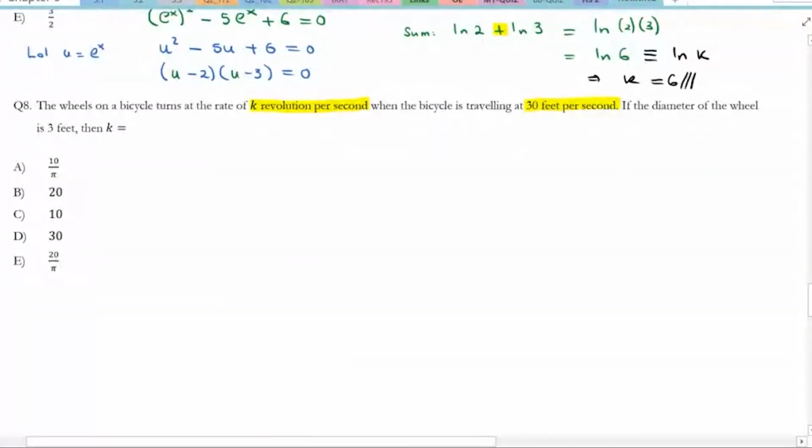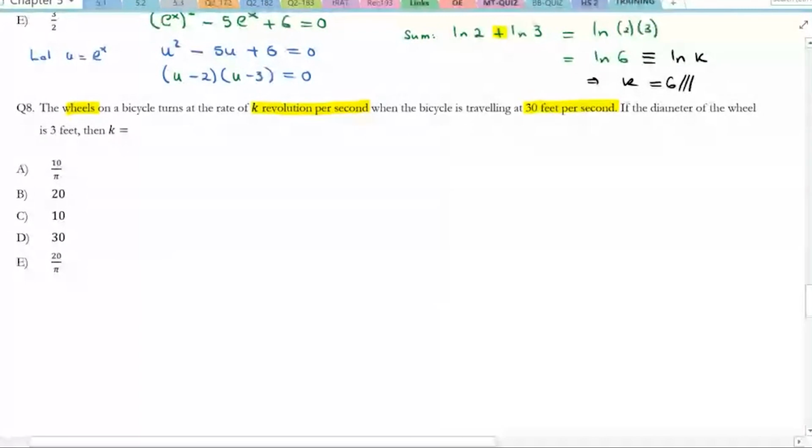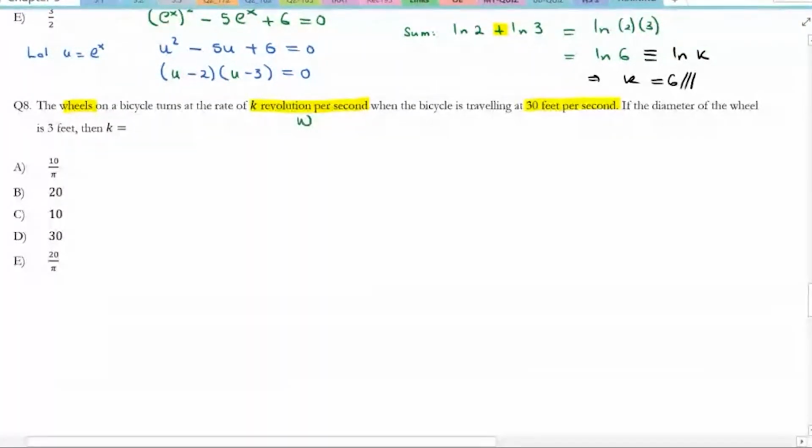Now, let us try to understand what is given to us. When we are talking about the wheel, the tires of the bicycle, they are rotating at k revolutions per second. That is angular speed, omega. And then the bicycle is traveling at 30 feet per second. That is the linear speed, denoted by v.